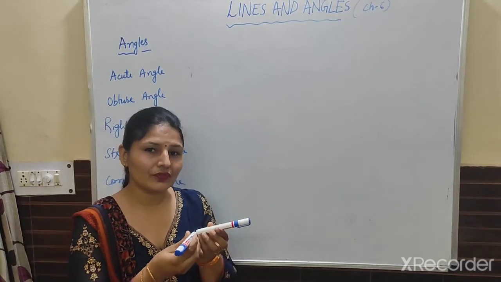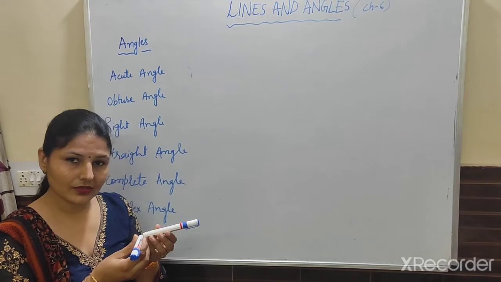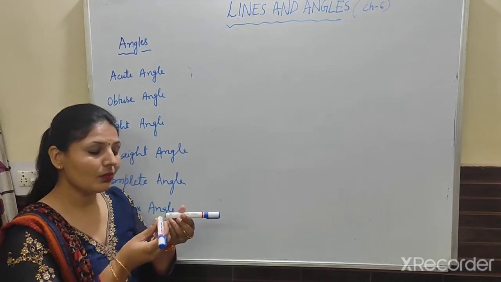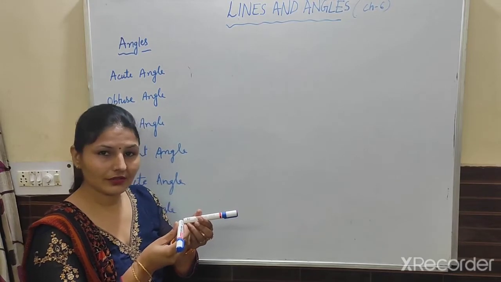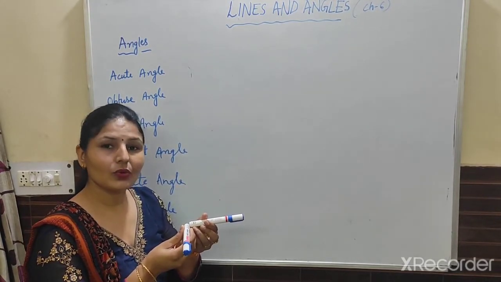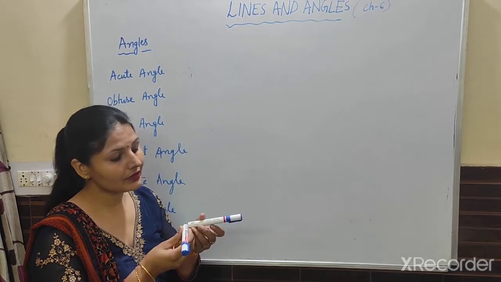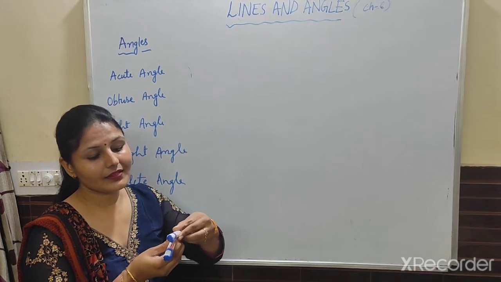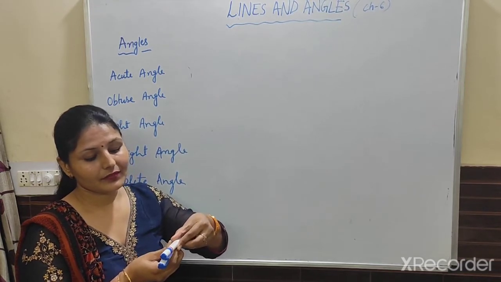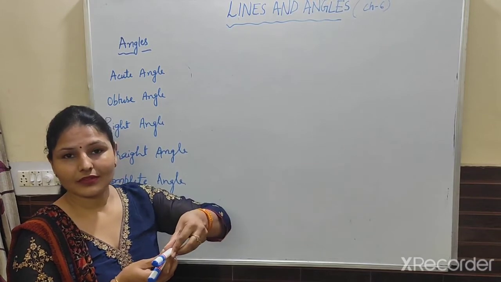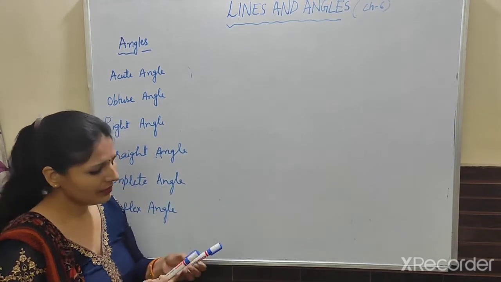When the door of your room is closed, then what is the angle between the wall and the door? 90 degree, right? When you open the door, then the angle will start decreasing from 90 to 0. This forms an angle.